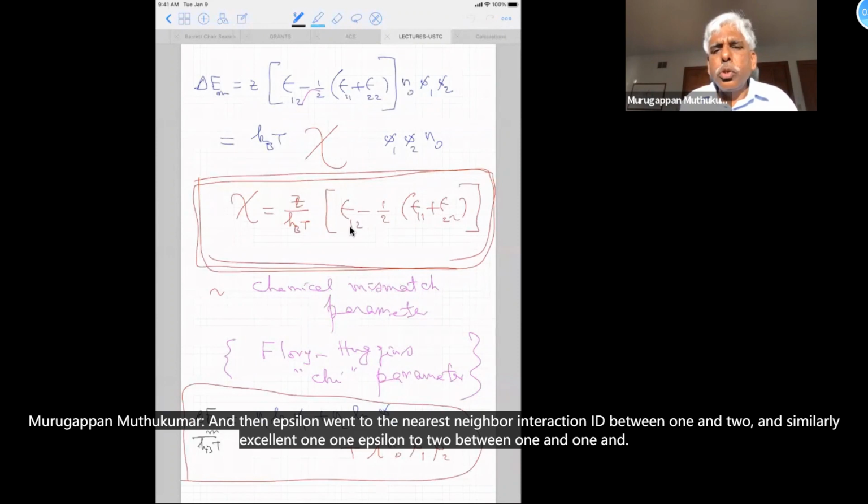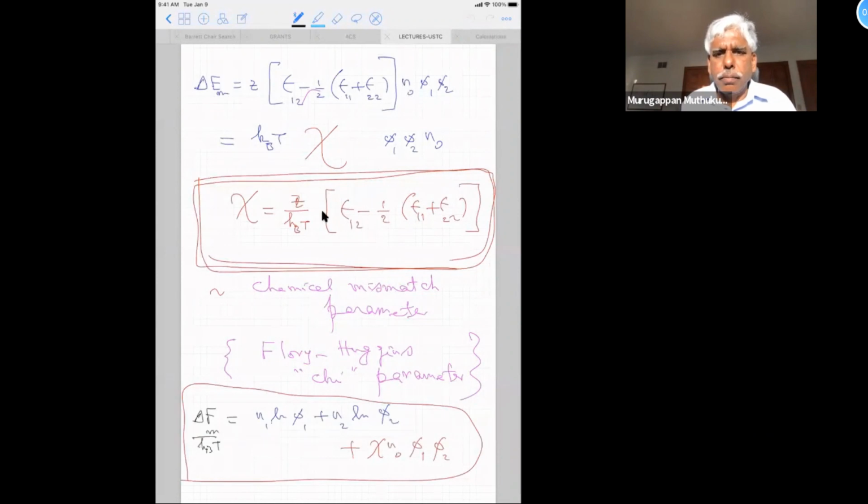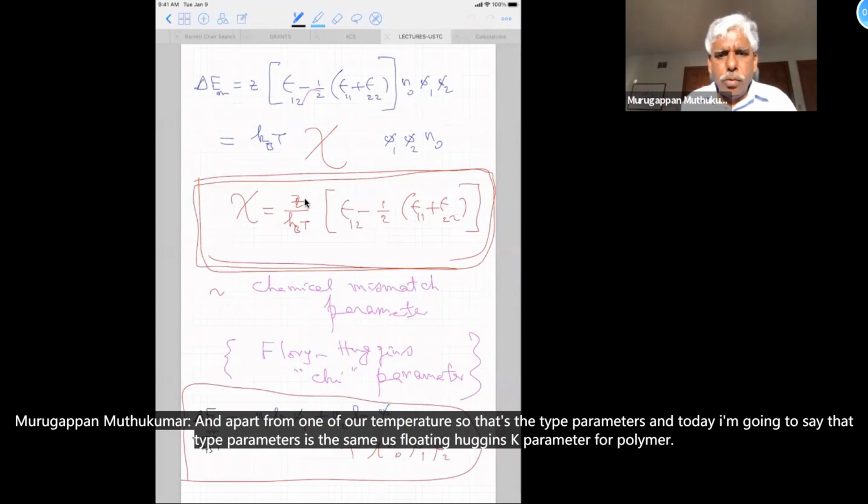Epsilon 1,2 is the nearest neighbor interaction energy between 1 and 2, and similarly epsilon 1,1 and epsilon 2,2 are between 1 and 1 and 2 and 2. So although we had 3 interaction parameters, in this lattice theory all those 3 come together as a group, given by the square bracket, apart from 1 over temperature. So that's our chi parameter.